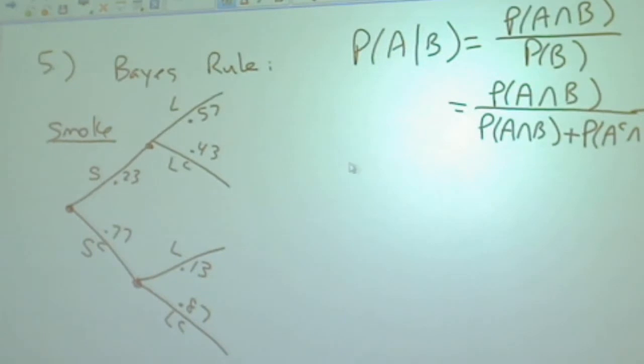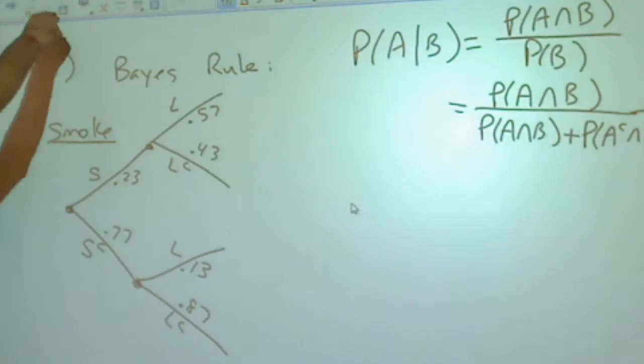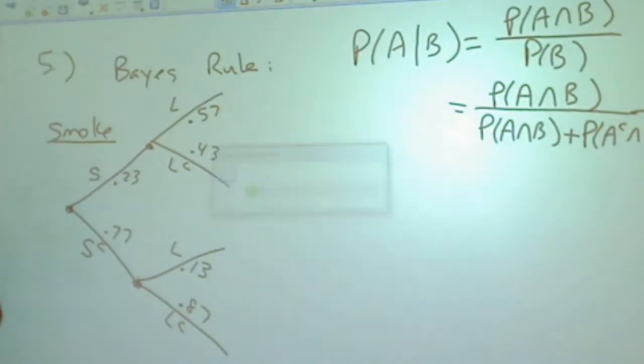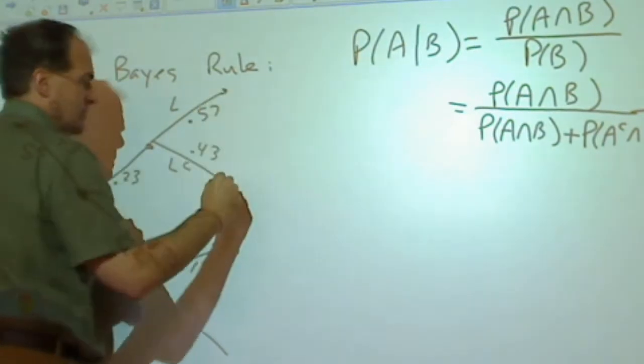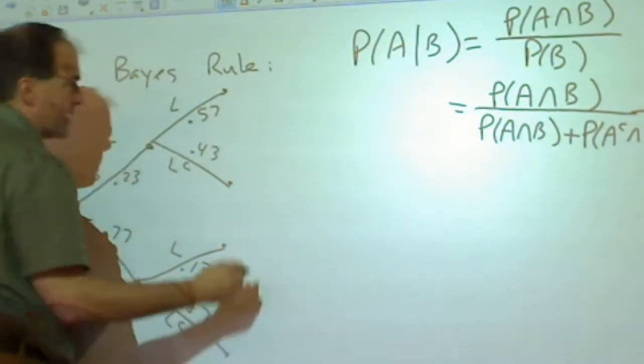Yes, Stan. To get the 13, or the 13%. Yep. Good. So then, 57. Gotcha. So all these branches, I think it's good to write them out.